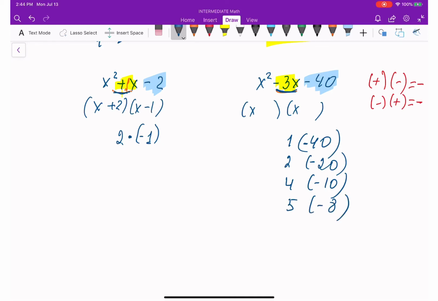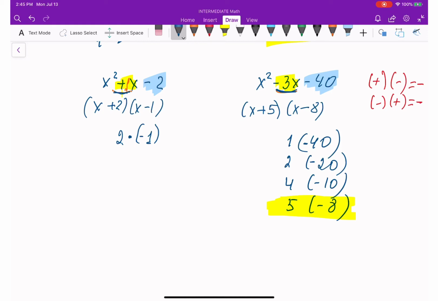And also 5 and 8, right? 8 is negative, 5 is positive. So which combination will give me negative 3? Well, it's striking our eyes, 5 and negative 8. So that will be negative 3. So let's write down positive 5 and negative 3, negative 8. All right?